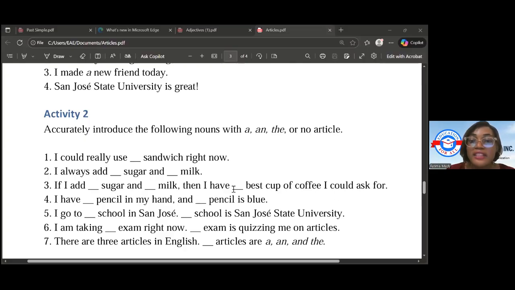Yeah, I have the best cup of coffee. So it's coffee I could ask for. I have the best cup of coffee. Okay.